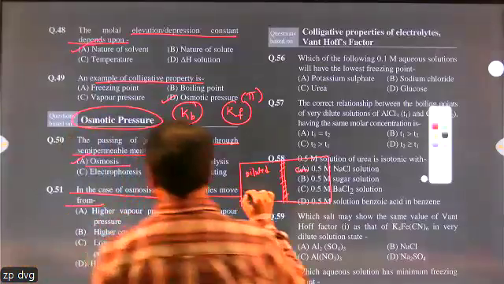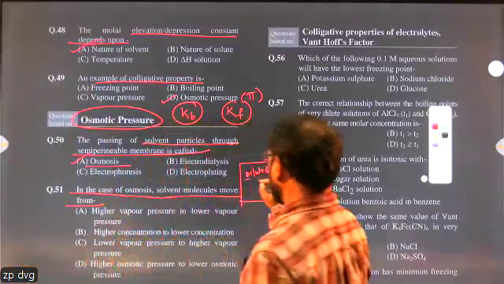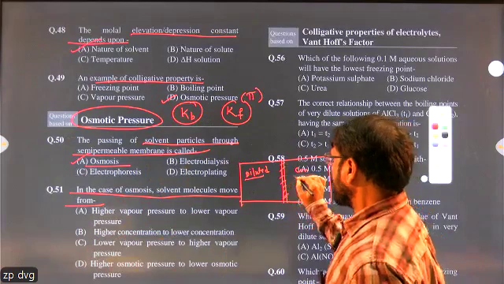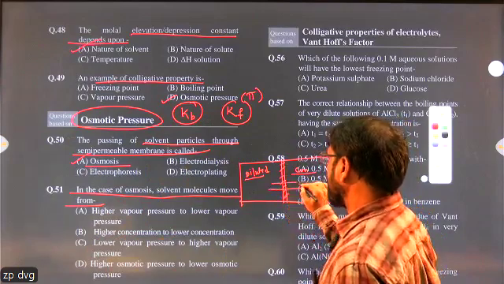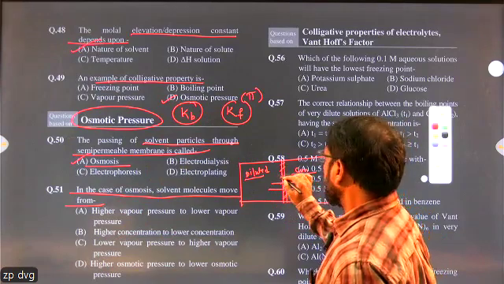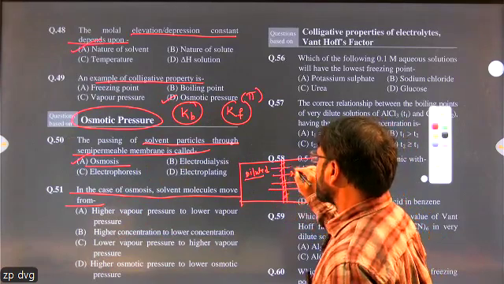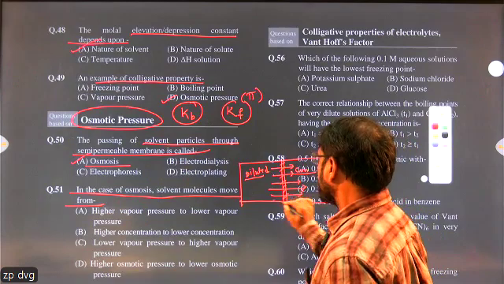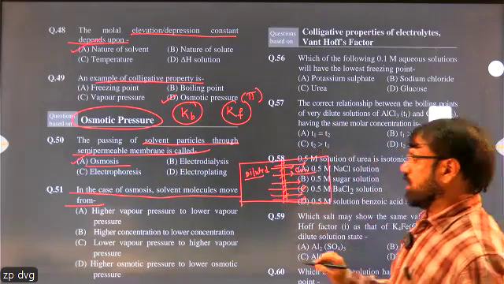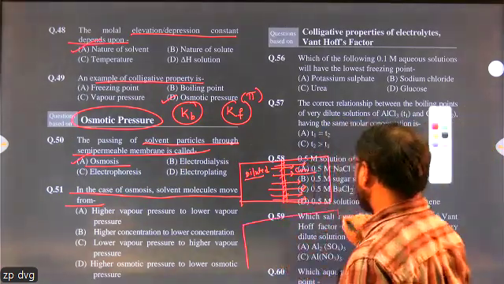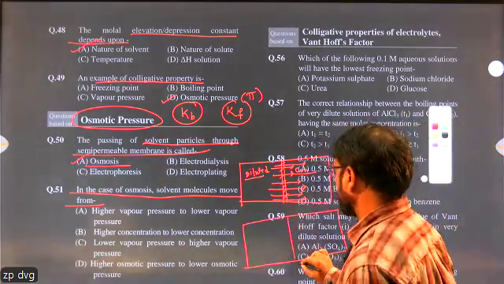From where to where is osmosis going to occur? From the diluted solution to the concentrated solution, osmosis occurs.